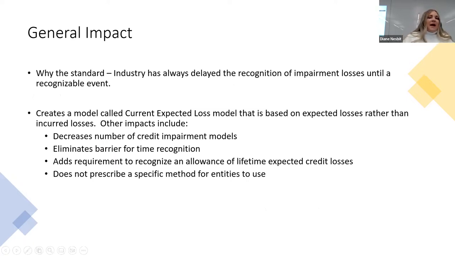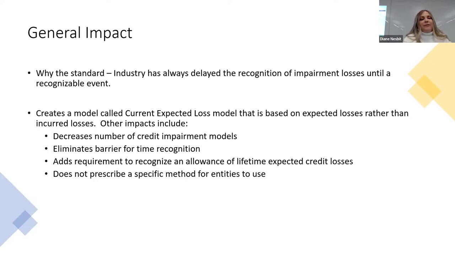Thanks. Okay. So now this new model is based on expected losses rather than incurred losses. Some of the other impacts include a decreased number of credit impairment models. I know that was one of the drivers for change, because there were so many different models and methodologies, and this has narrowed that.